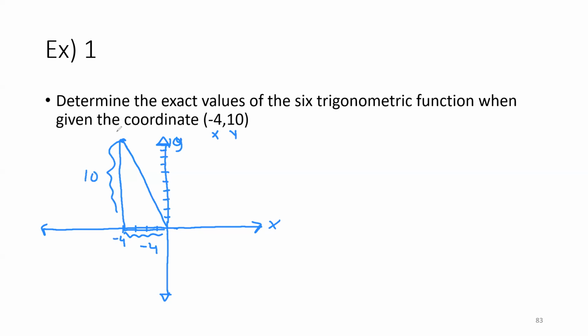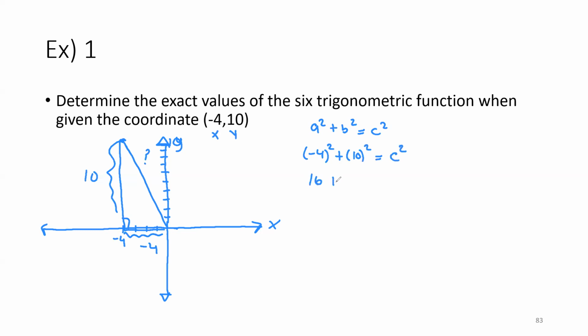Okay, so in order to find the six trigonometric functions, like sine, cosine, tangent, and all that, you do have to find the hypotenuse. Because the straight line forms a right triangle, we can find the hypotenuse by applying the Pythagorean theorem, right? A and B are legs, so it'd be -4 squared plus 10 squared equals c squared.